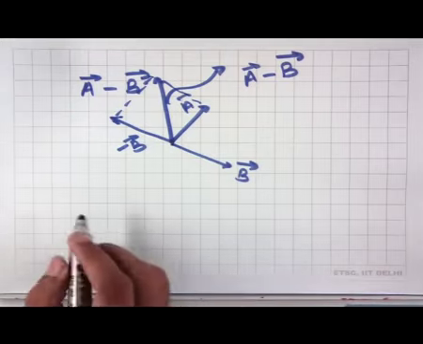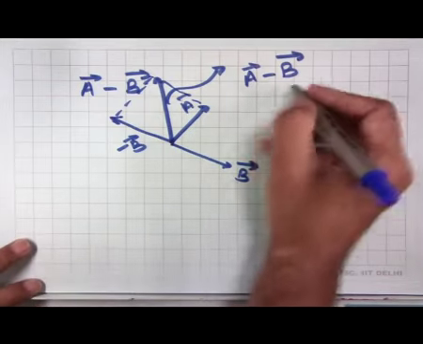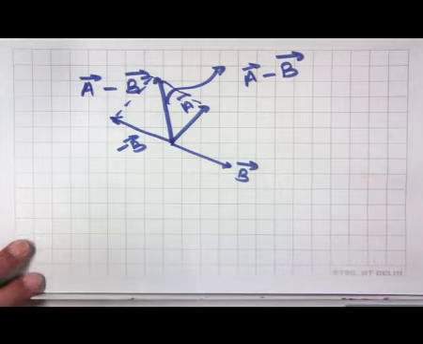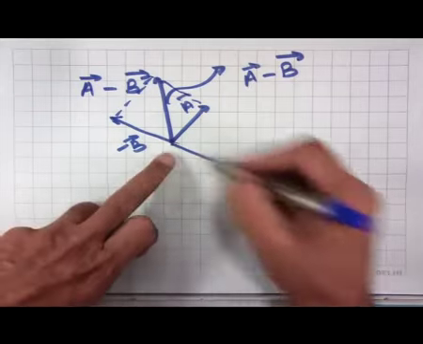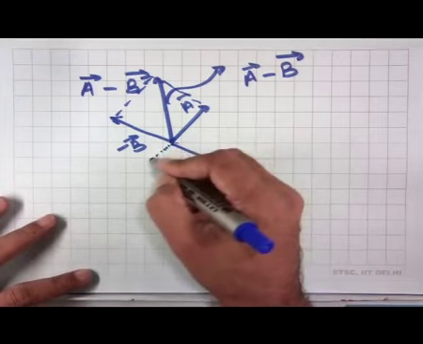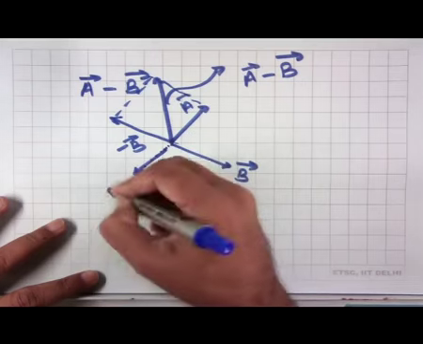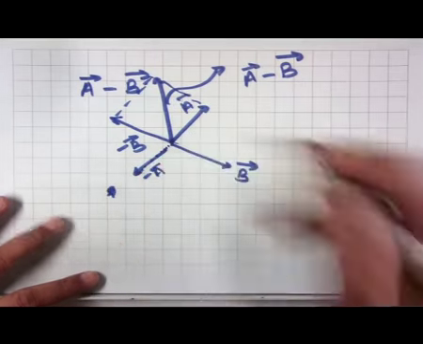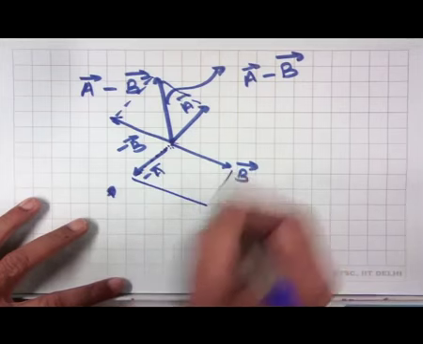Okay. And now, what you will realize here is A minus B will not be equal to B minus A. If I have to do B minus A, then this is B, I move in the opposite direction here, this will be minus A, I add these two, so I complete this triangle.